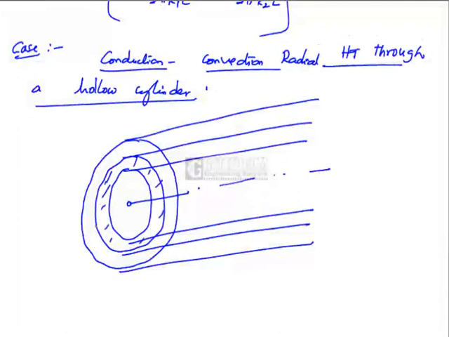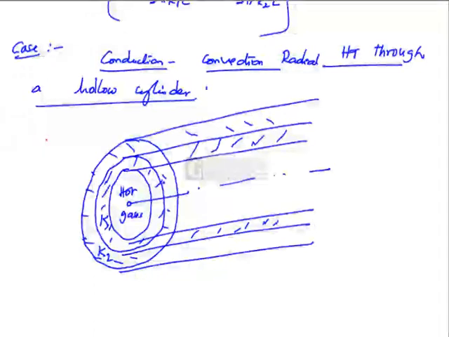The inner cylinder is having a conductivity K1. The outer cylinder is having a conductivity K2. This is the inner cylinder. Let us consider hot gases inside this cylinder, and outside the composite cylinder that is cold air at T infinity.